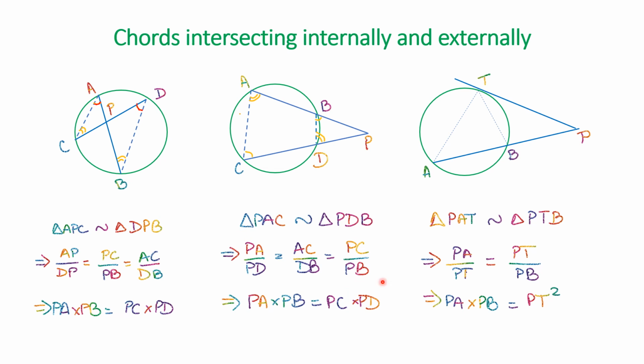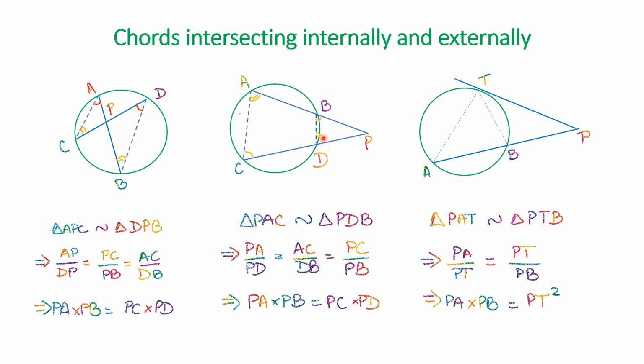Let us first understand this also. Here I have a triangle ACP, and I have another triangle, DBP. You remember we had done that the exterior angle is equal to the interior opposite angle.